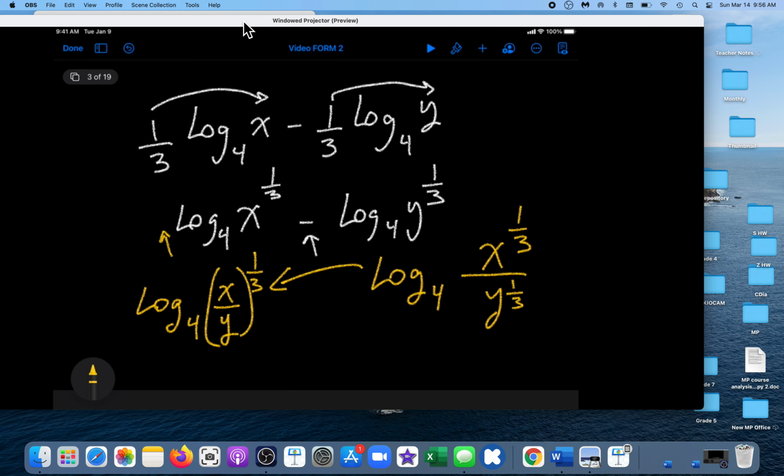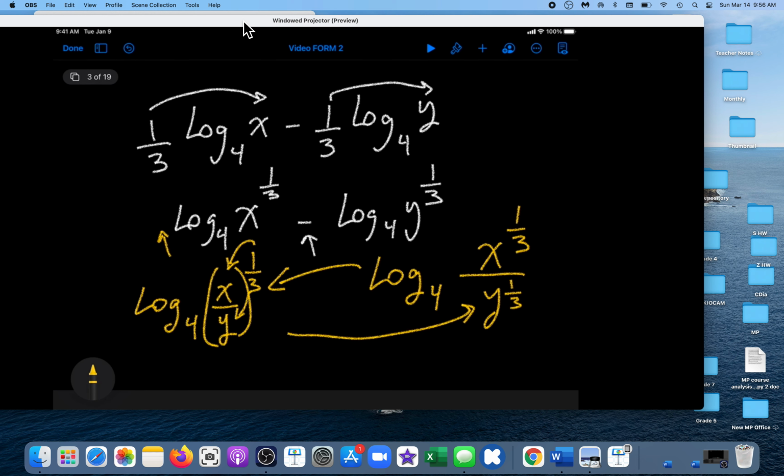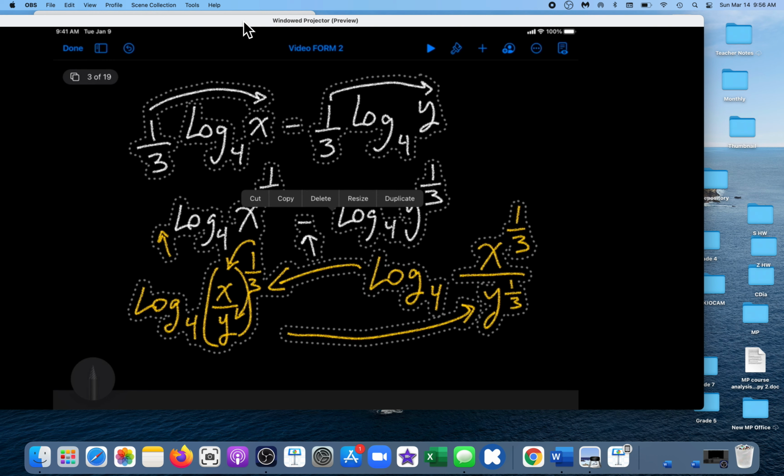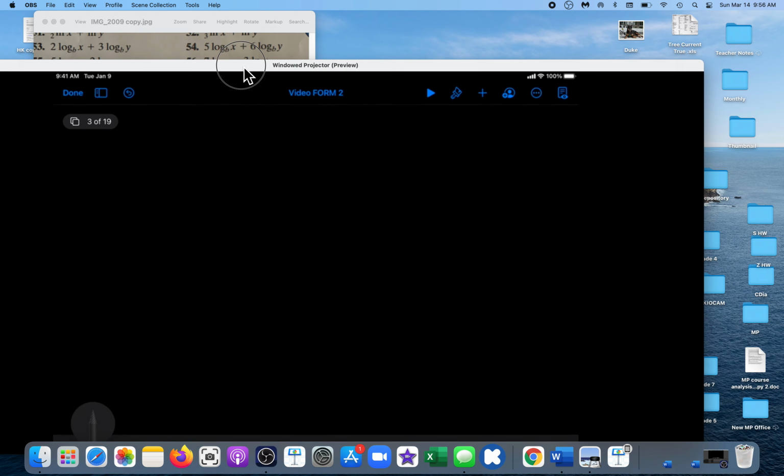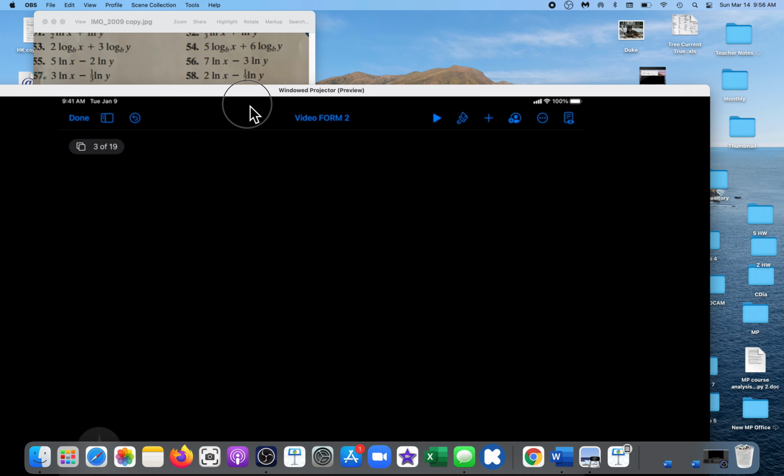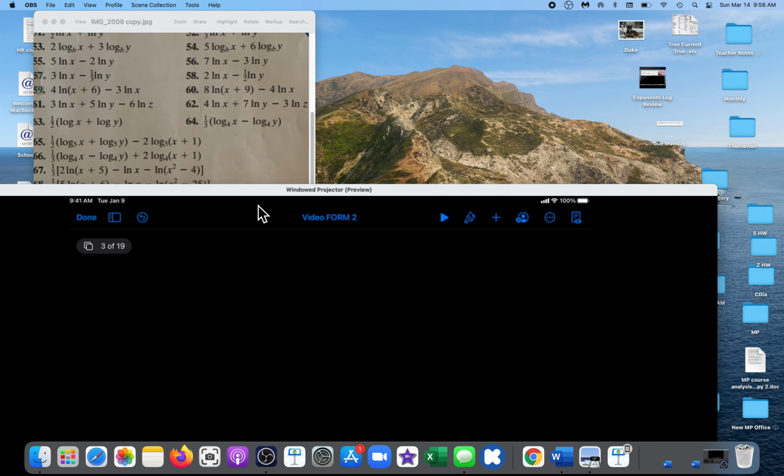And don't forget to double check: if you distribute this power, you get that. That's it. Next one, we are now up to 66, I believe.